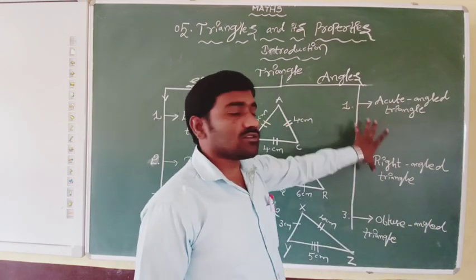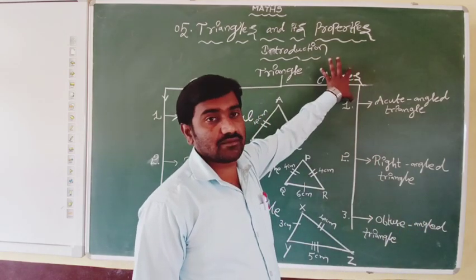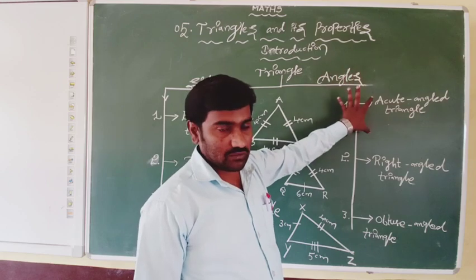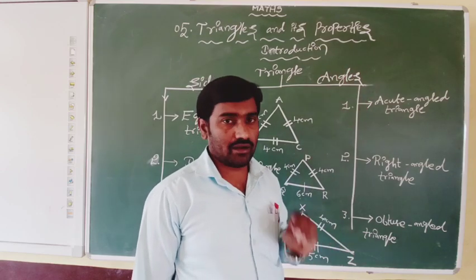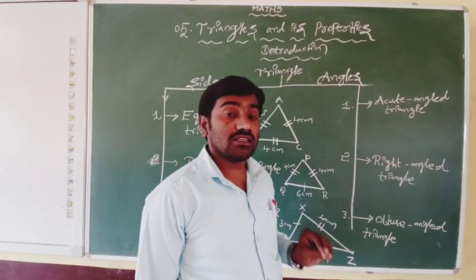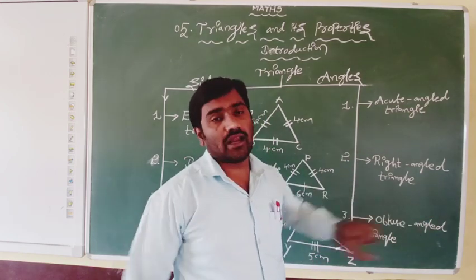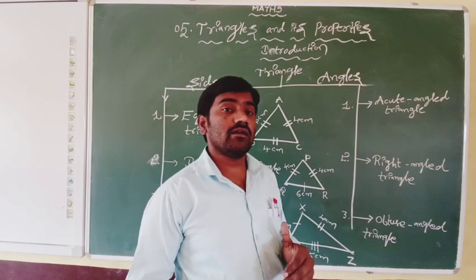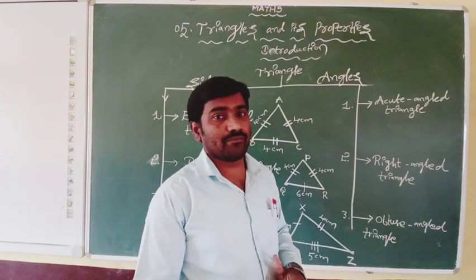So these are the three types of triangles based on angles. What are they? The first one is acute angled triangle. The second one is right angled triangle. The third one is obtuse angled triangle. So let's know that one by one clearly.